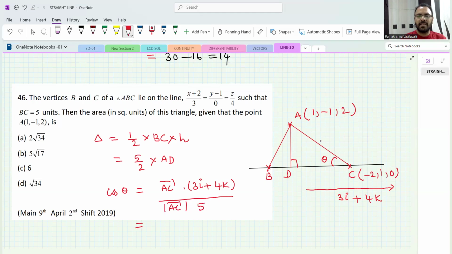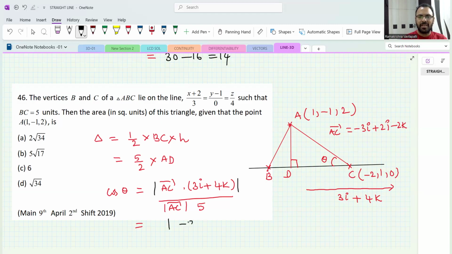So what is the AC bar vector? That AC bar vector is equal to -3i plus 2j minus 2k. Got it? So AC bar dot this 3i plus 4k is nothing but -9 minus 8. I can take the acute angle, no problem at all.